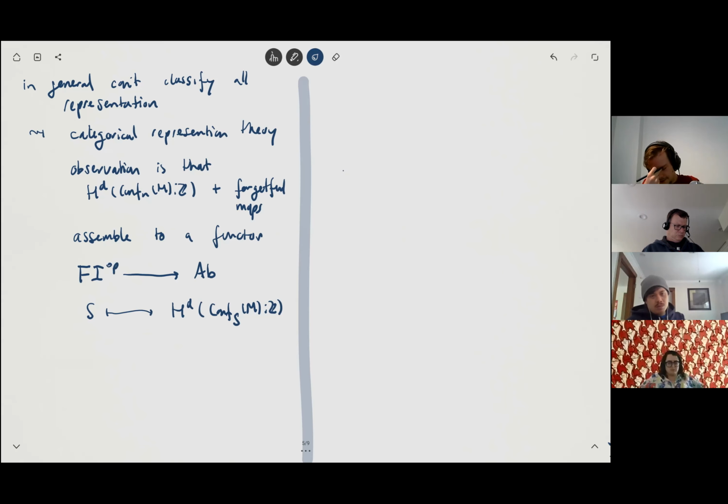Whenever you have an injection, you restrict to only these particles.